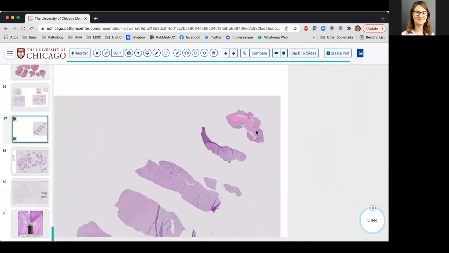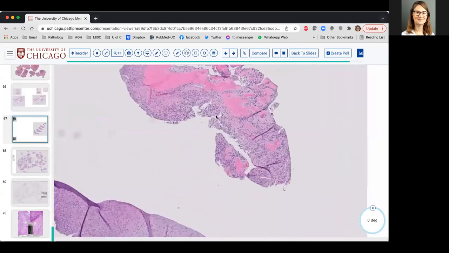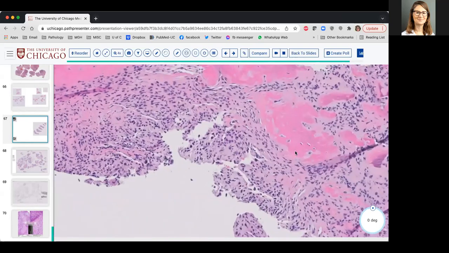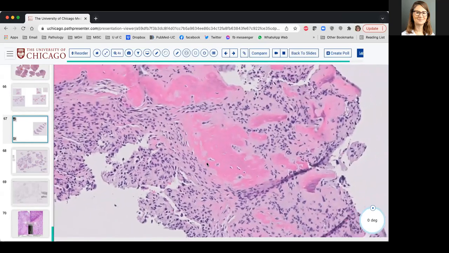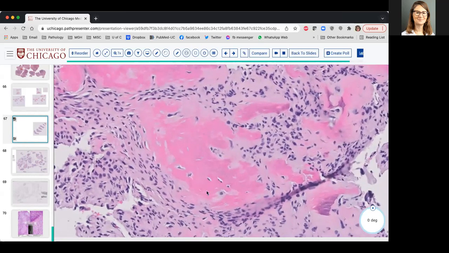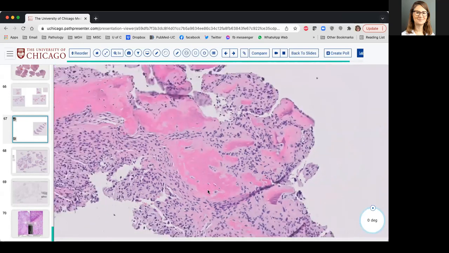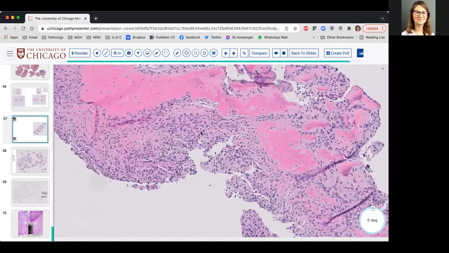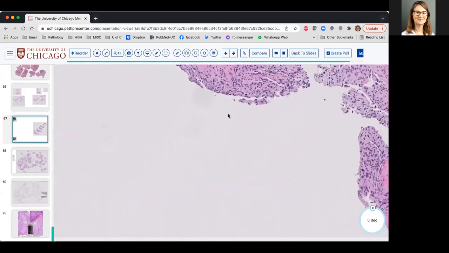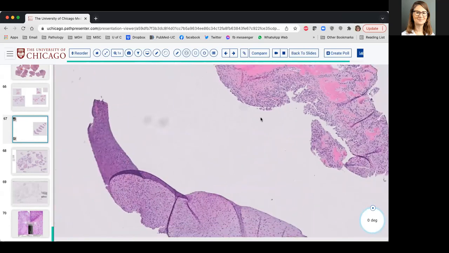Similar clinical picture of a young person with a metaphyseal bony lesion. In this case, you see some actual potentially osteoid with entrapped osteocytes, which of course always raises the possibility: is this adjacent bone, is this reactive bone, or is this lesional bone?